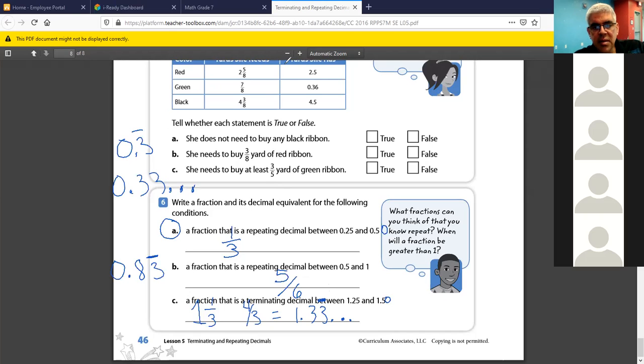So let me clear this. Let me stop sharing and let me move on to the last part of the lesson.